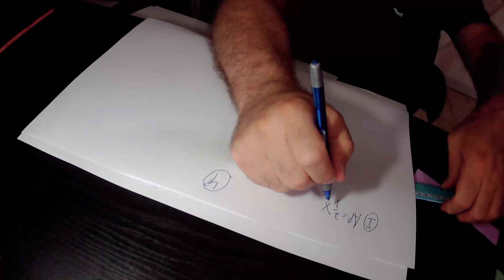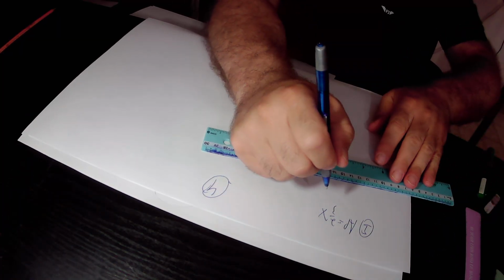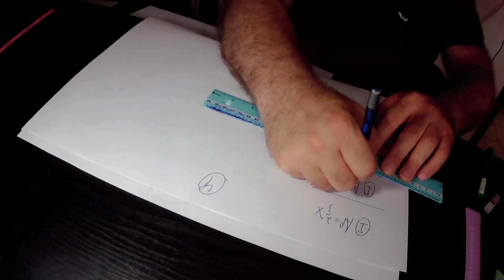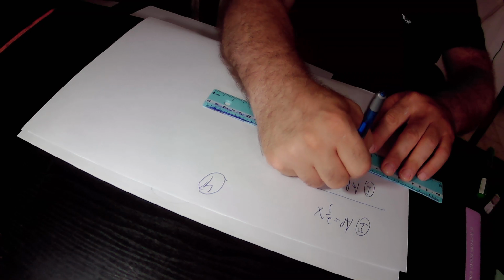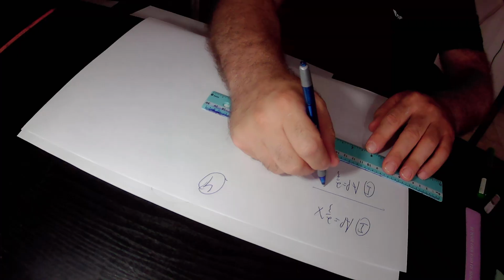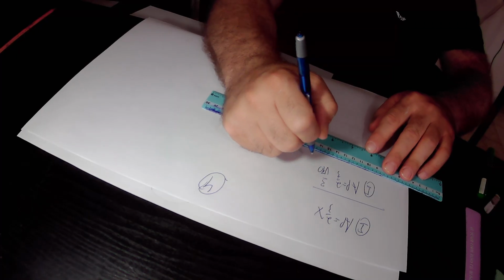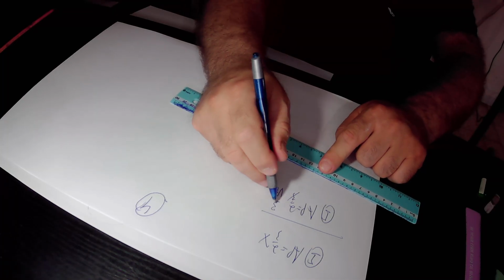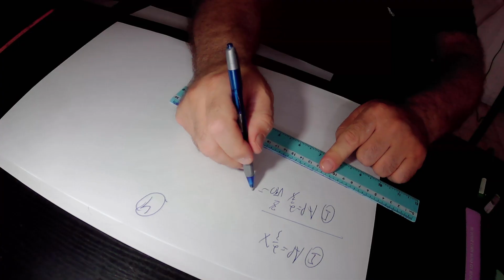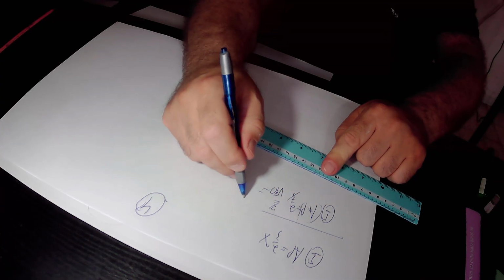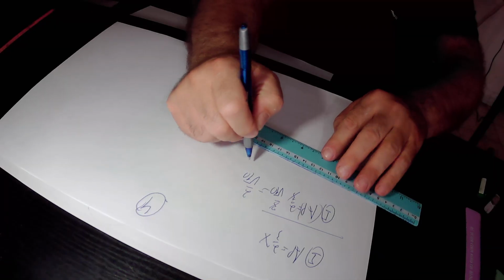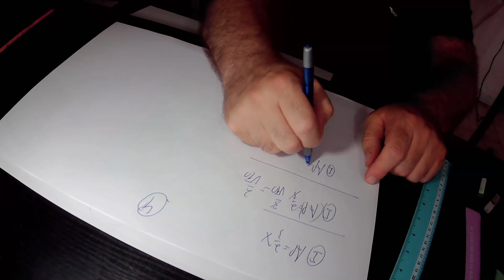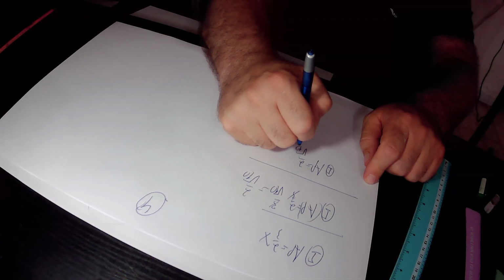So AP equals 2/3 x, and x is 3 over the square root of 10. So here we have 3 in the numerator and 3 in the denominator, so 3 will get cancelled. So in total AP equals 2 over the square root of 10 units in its length.